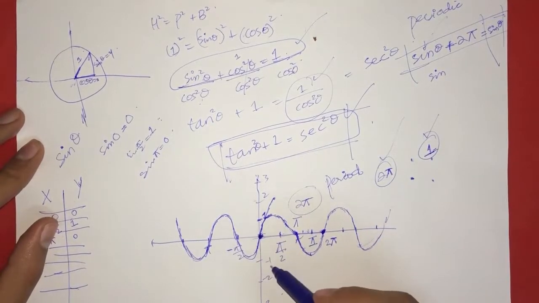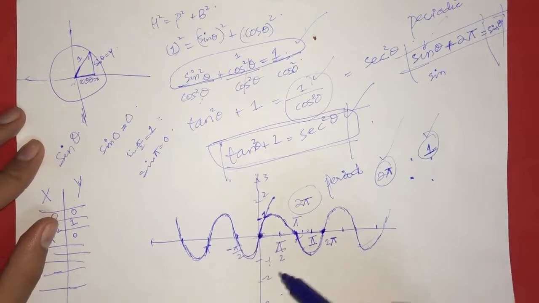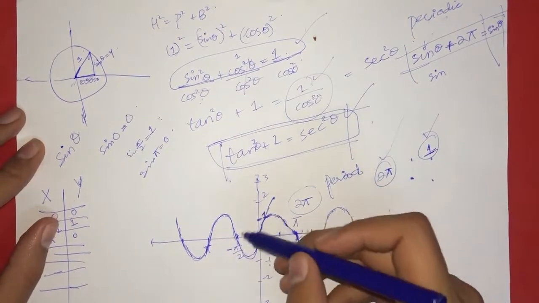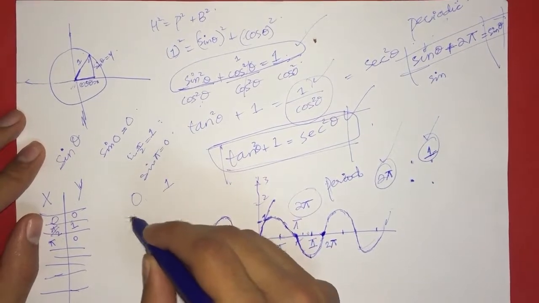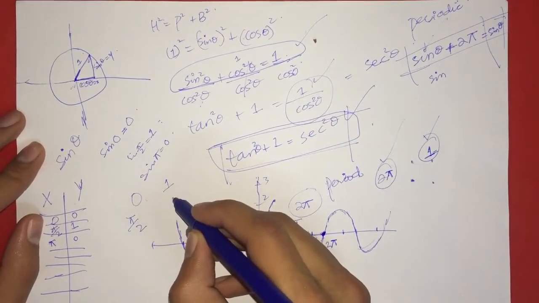And what's the graph of a cosine function going to be? When you put 0 in a cosine function, it gives you 1. When you put pi by 2, it gives you 0.